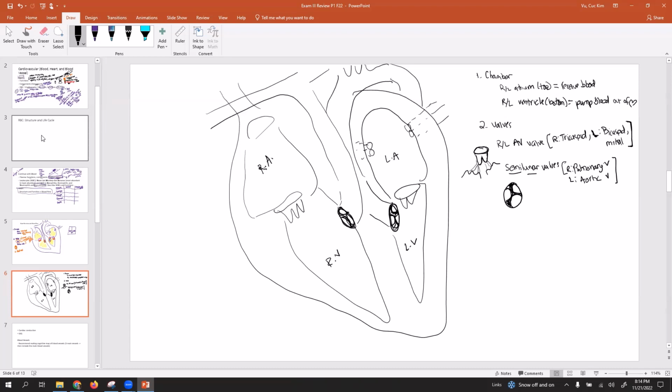Okay, so this one right here would be the right AV valve, and these structures right here would be the tendinous cords. And then attached to those tendinous cords to anchor them down would be the papillary muscles.